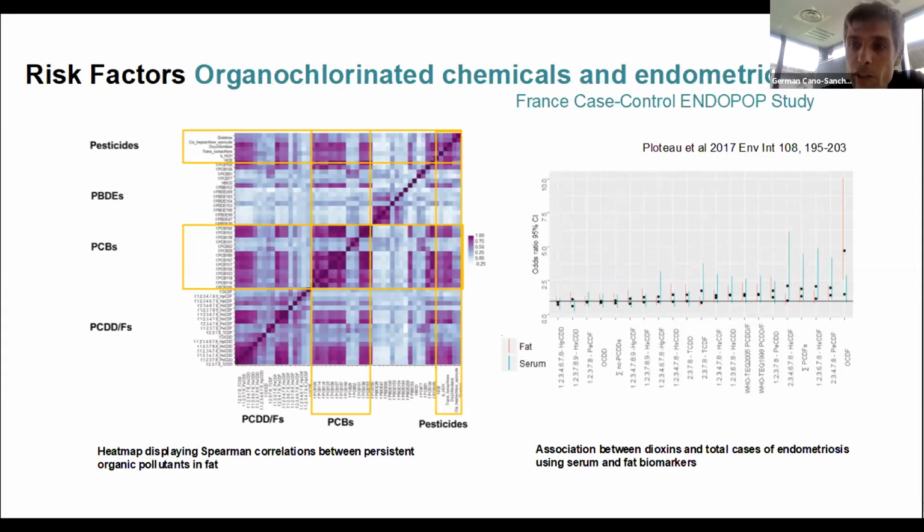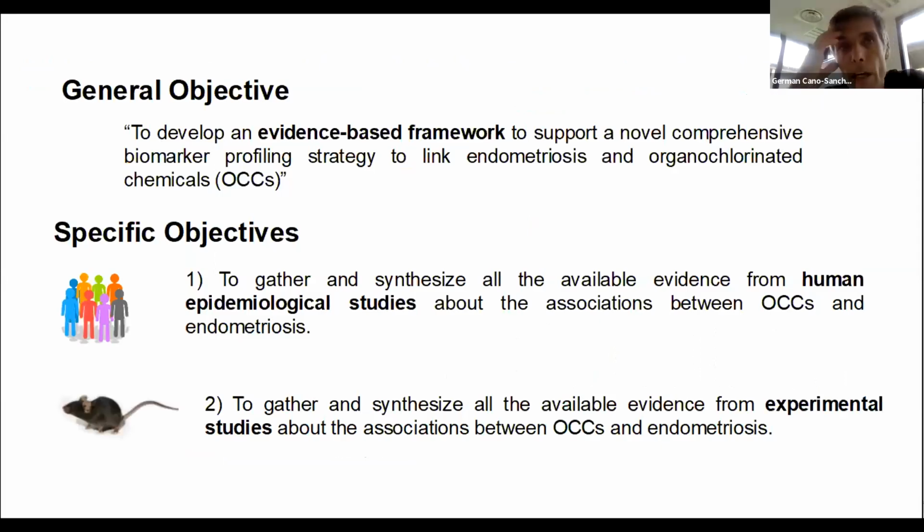We also established associations with the most severe cases, and that substantiated my research program to develop a novel approach combining metabolomic and exposomic platforms in order to gain insight on the biological links between the exposure and endometriosis prevalence.